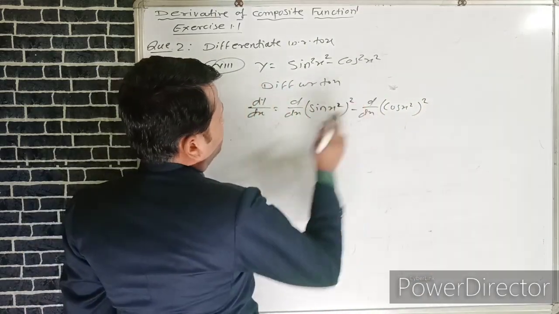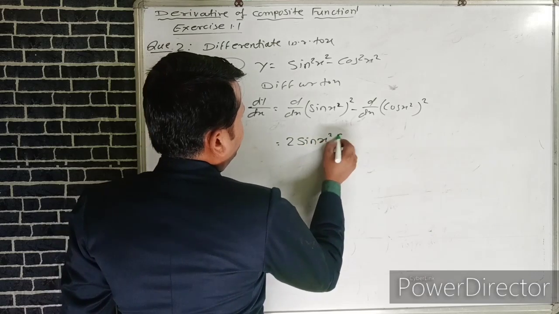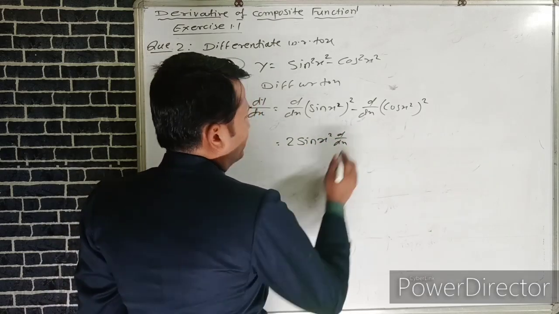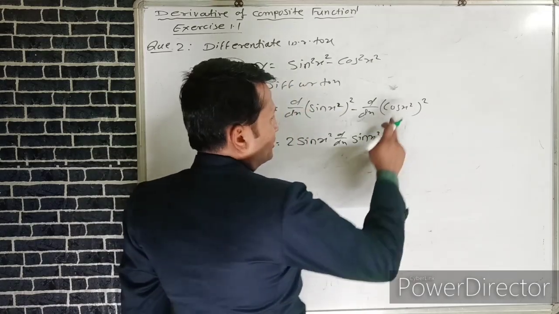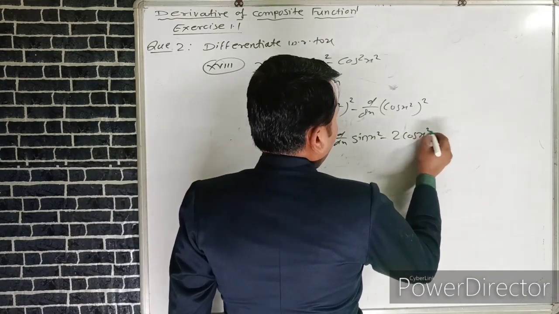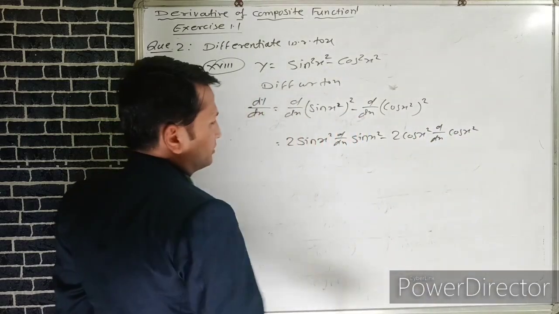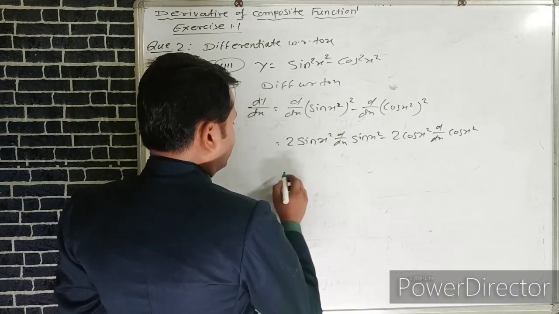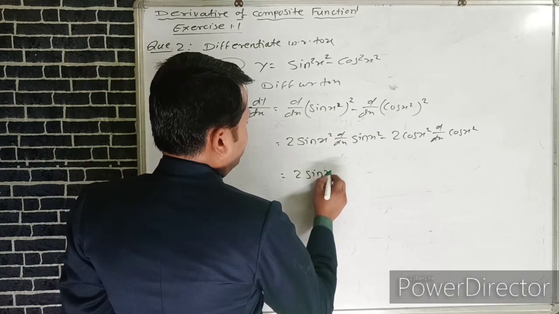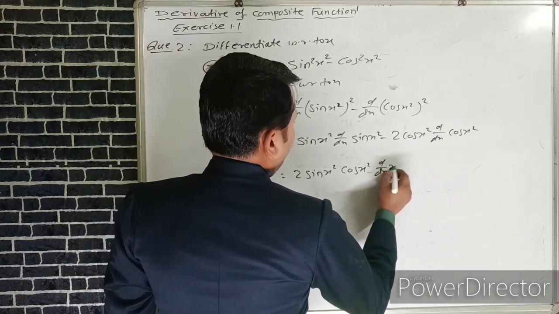After applying x raised to the power n here, we can write 2 sin of x square into again the derivative of sin x square, minus 2 cos of x square into again the derivative of cos of x square. The derivative of sin of x square is 2 sin of x square into cos of x square into again the derivative of x square.